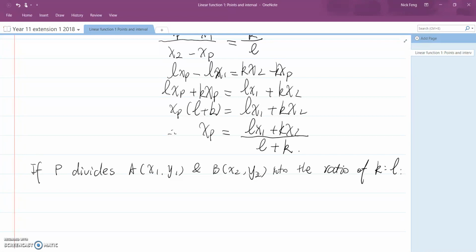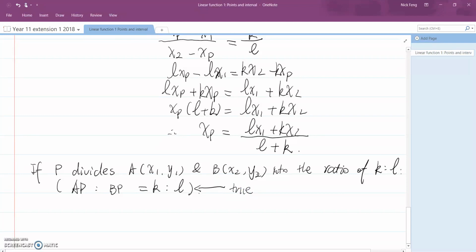Because when we talk about ratio division, this sentence actually means AP to BP equals K to L. Even though it's an external division point, this still holds true, except for some sign on the ratio.